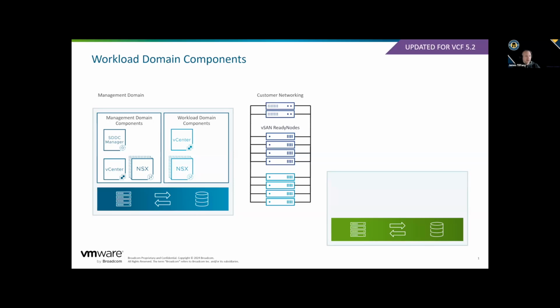The workload domain is made up of a number of nodes, depending on which primary storage you're looking at running. For vSAN, you're looking at a minimum of 3 nodes. For fiber channel, it's 2 nodes. So it depends on what you're looking to do with that environment.